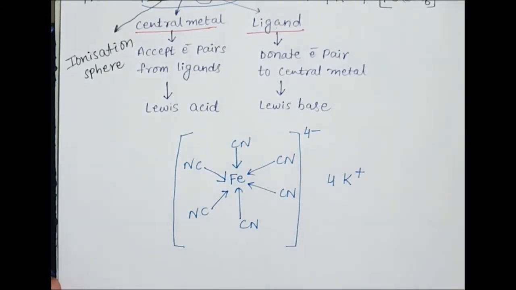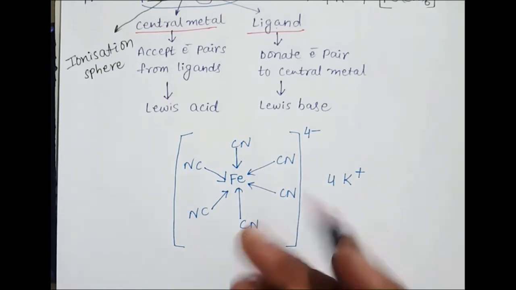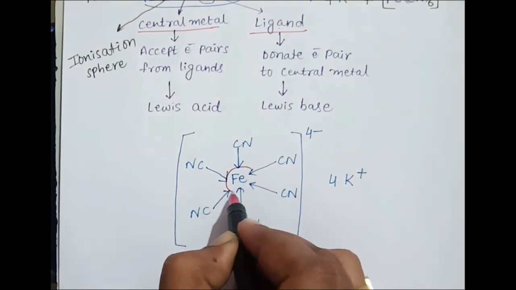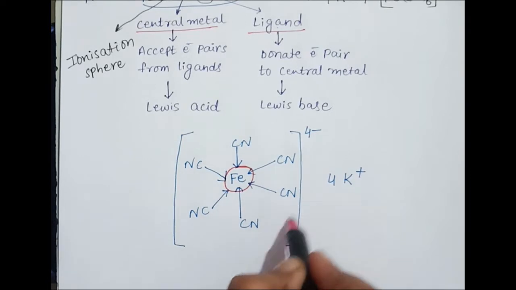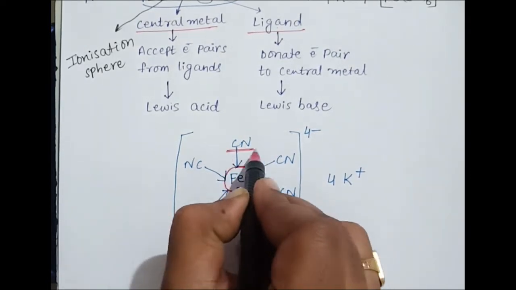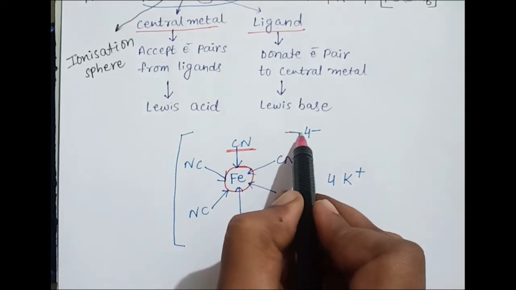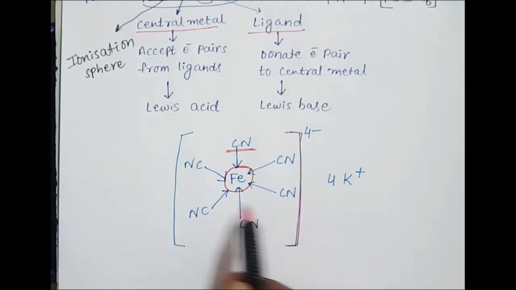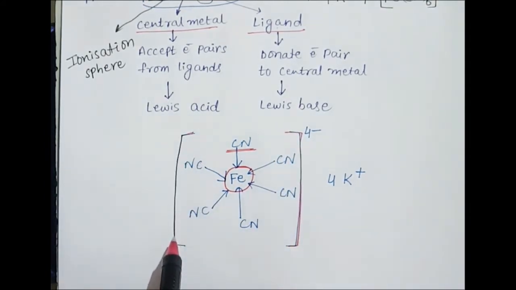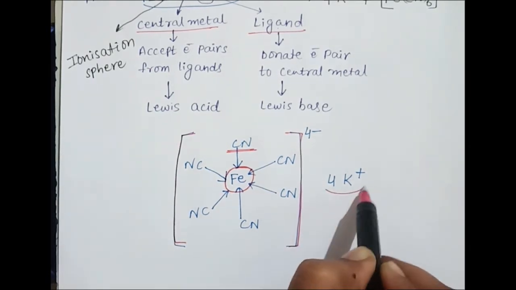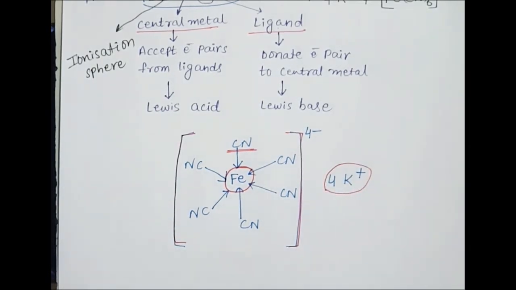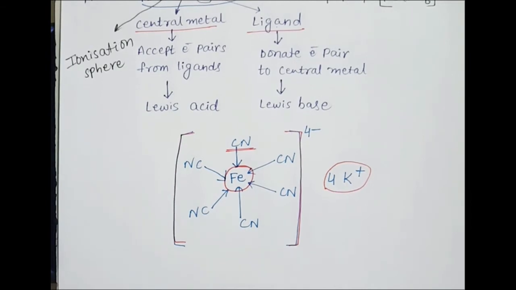So this is the whole structure, and it is very clear that this iron is the central metal which is accepting electron pairs. The cyanide group is a ligand which is donating electron pairs, and the whole group is called the coordination sphere, and the outside is called the ionization sphere. I hope you understood it, correct?